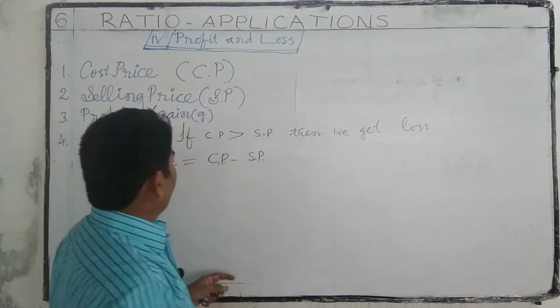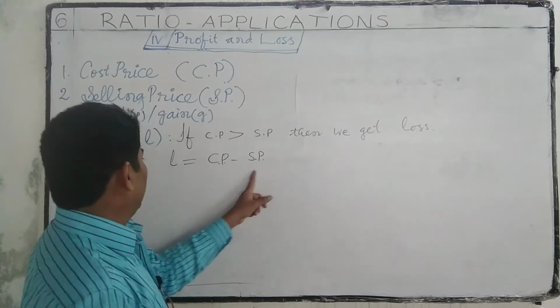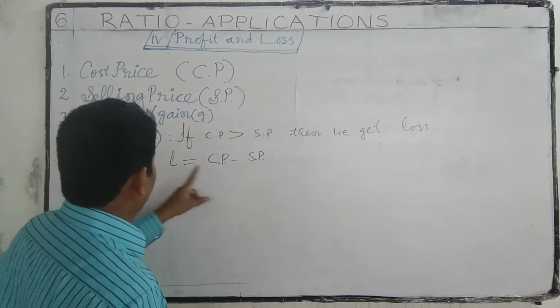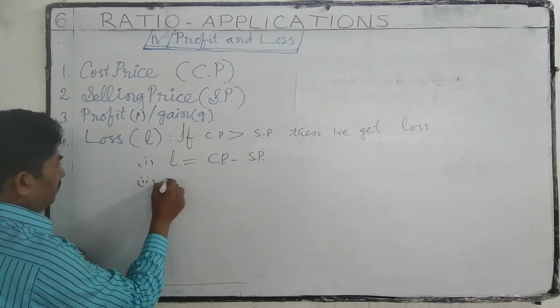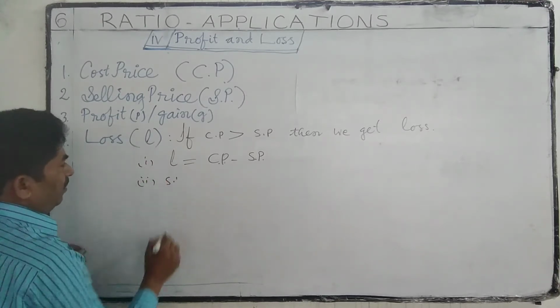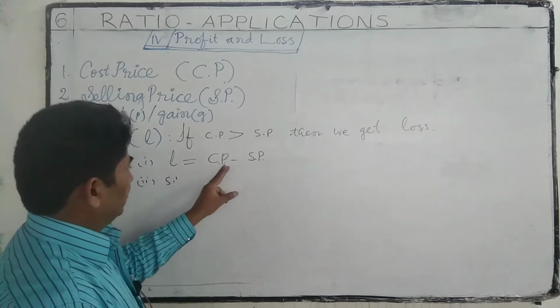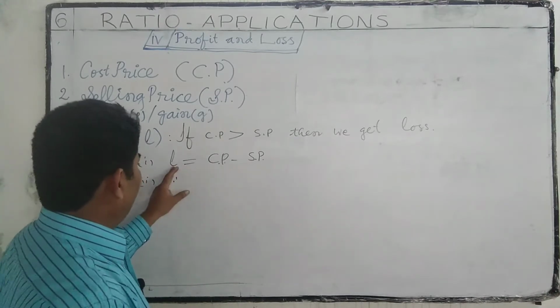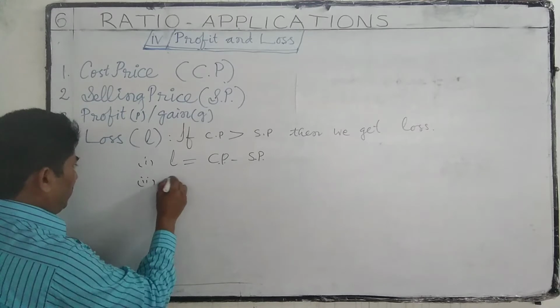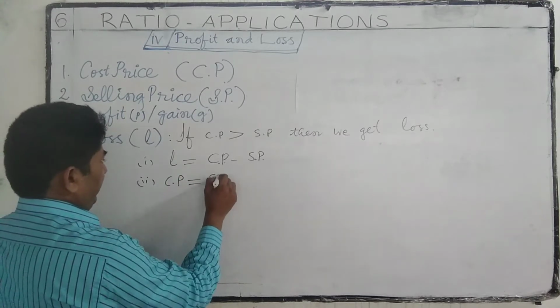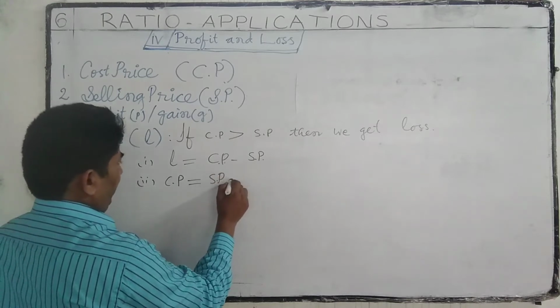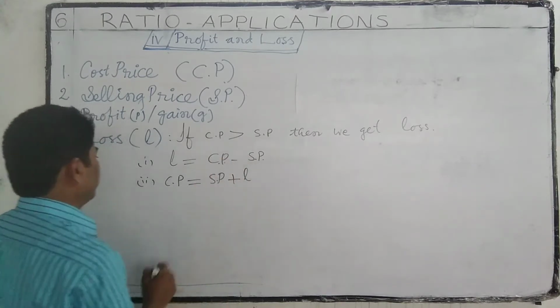If there is a selling price and loss, we can get a cost price. CP is equal to SP plus loss.